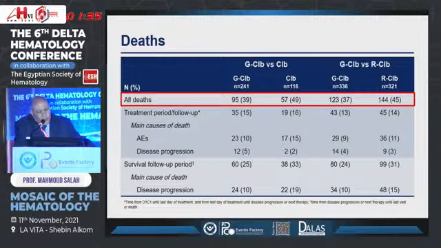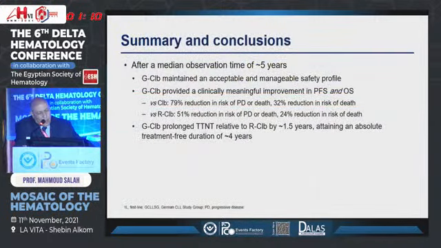All deaths were 39 in Gazyva chlorambucil, comparing with 49 in the chlorambucil arm. The main cause of death was adverse events, 10% in Gazyva chlorambucil and 15% in the chlorambucil arm, and disease progression was 5 in the Gazyva chlorambucil arm, comparing with 2 in the chlorambucil arm.